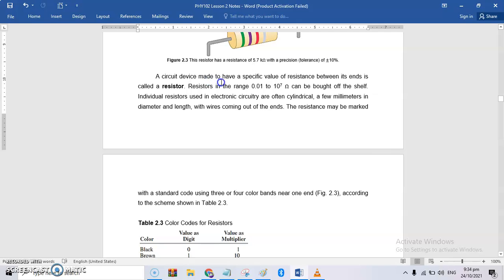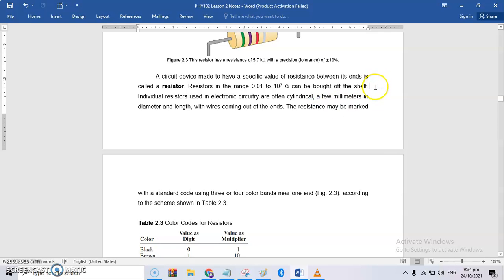A circuit device made to have a specific value of resistance between its ends is called a resistor. Resistors in the range of 0.01 to 10 to the positive 7 ohm can be bought off the shelf. Pwede silang mabili sa mga nagbebenta.